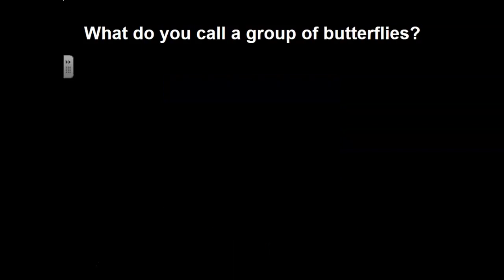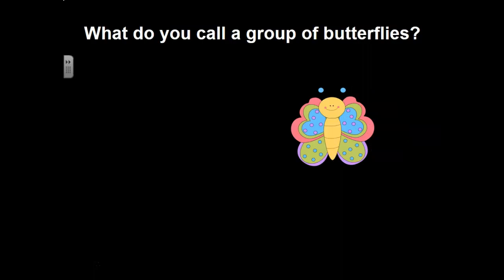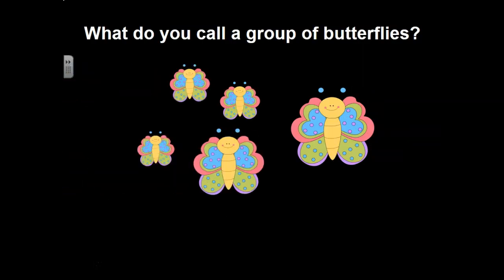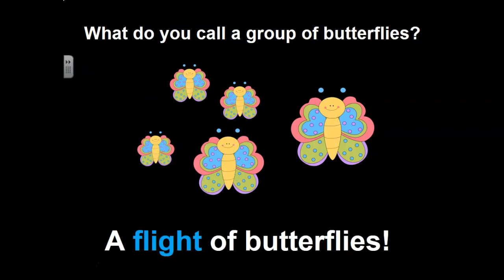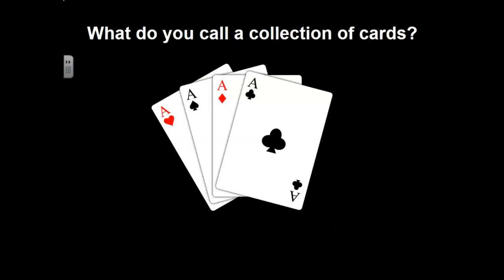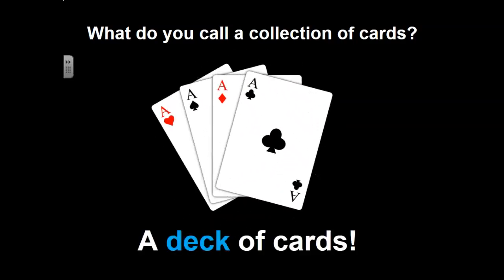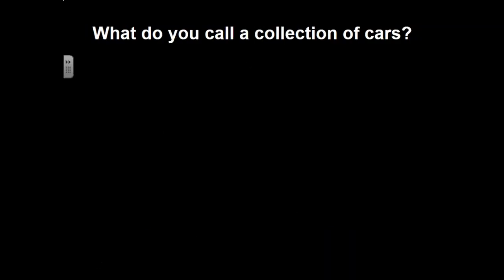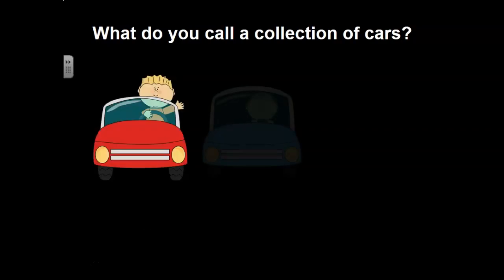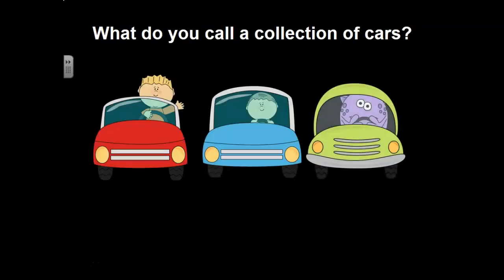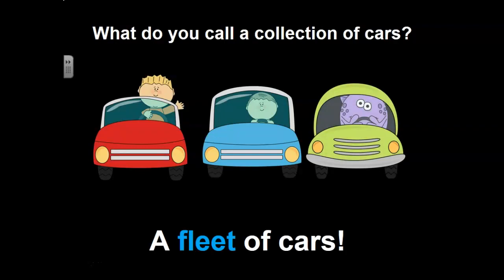What do you call a group of butterflies? A flight of butterflies. What do you call a collection of cards? A deck of cards. What do you call a collection of cars? A fleet of cars.